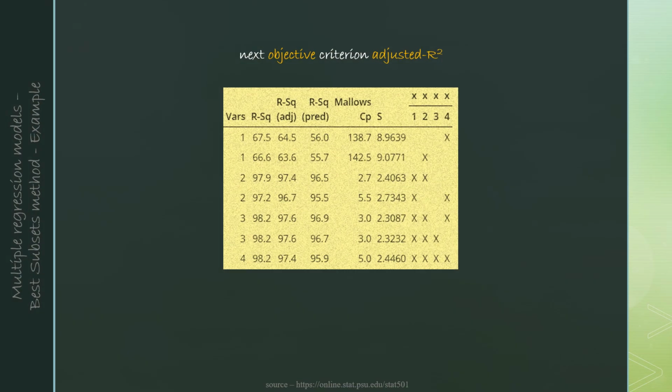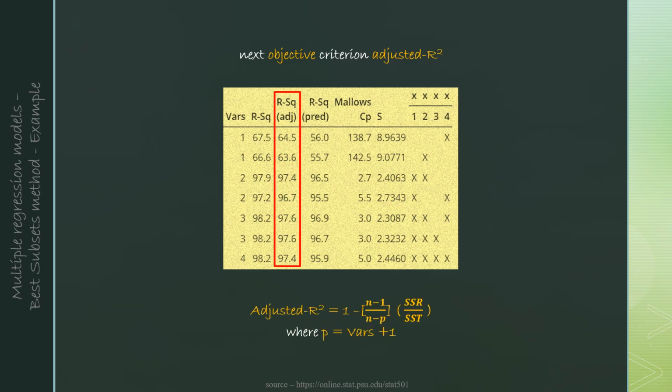Let's move on to the next possible objective criteria, the adjusted R square. Please recall adjusted R square equals 1 minus n minus 1 divided by n minus p multiplied by regression sum of squares SSR divided by total sum of squares SST, where p equals vars plus 1.